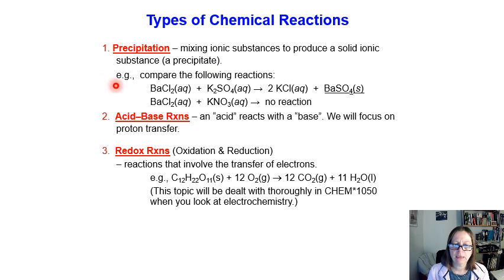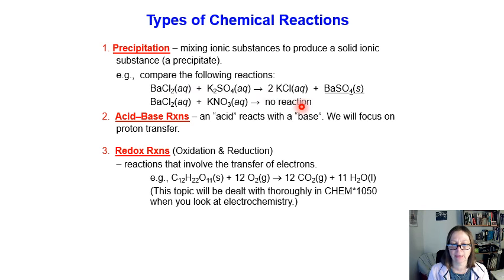So for instance here, barium chloride will react with potassium sulfate to give us soluble potassium chloride, but a barium sulfate salt that is insoluble in water and will precipitate.